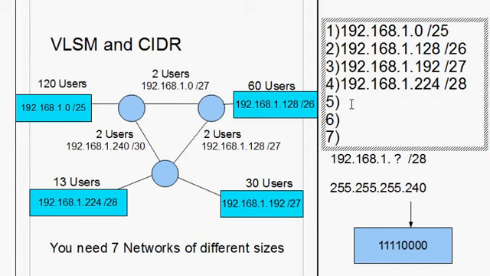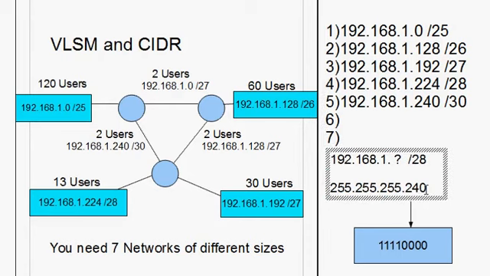So let's put it here, 192.168.1.240/30. In decimal, it'll be the 252 network. And what this looks like in binary is this. So I've borrowed now 1, 2, 3, 4, 5, 6 bits. The magic number is the 4-bit, which gives me a network the size of 4 addresses only.